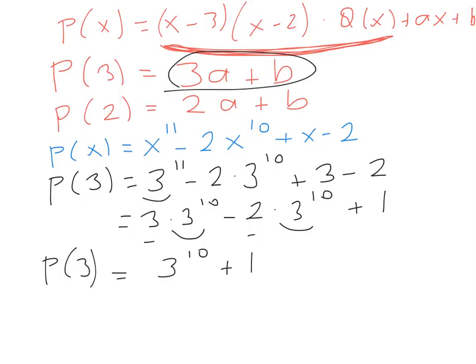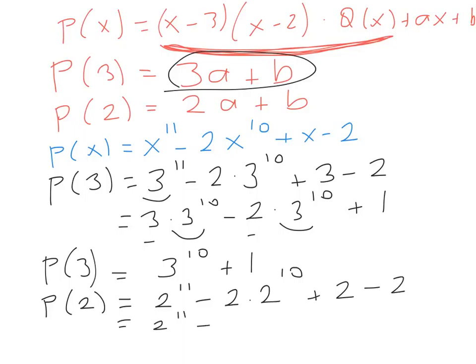So what is P of 2? P of 2 is 2 to the power of 11 minus 2 times 2 to the power of 10 plus 2 minus 2. 2 to the power of 11 minus 2 times 2 to the power of 10 is 0, plus 2 minus 2.